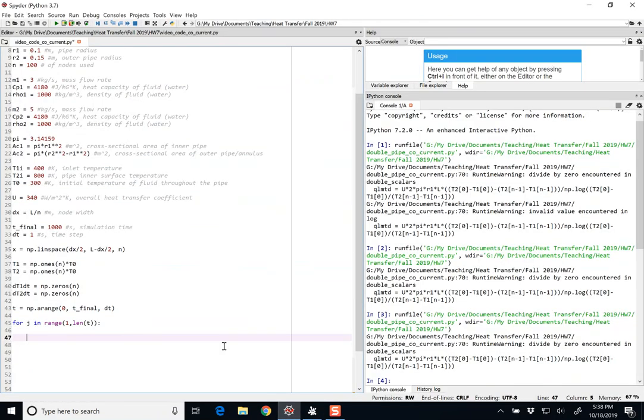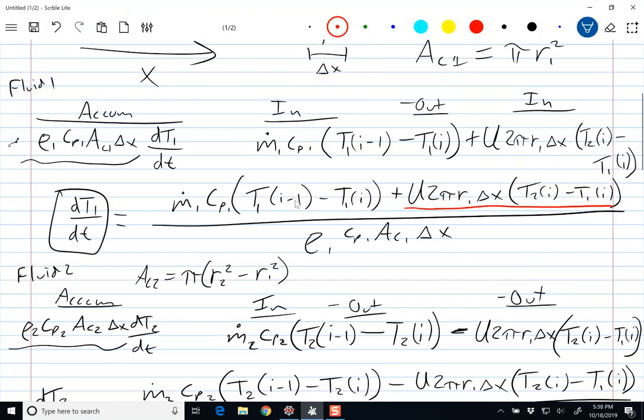It's actually a little bit simpler to just do this with vector math. So that's the method I'm going to take. Even though this video uses these i's, we're not going to do an i loop. We're just going to do some vector math to calculate this entire vector of temperature derivatives for fluid 1 all at the same time.